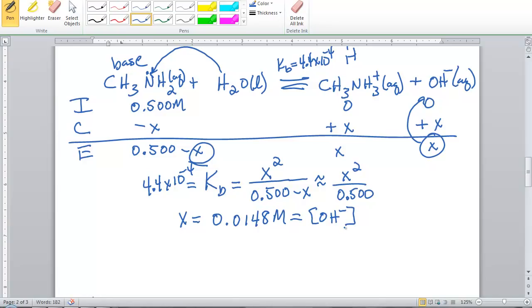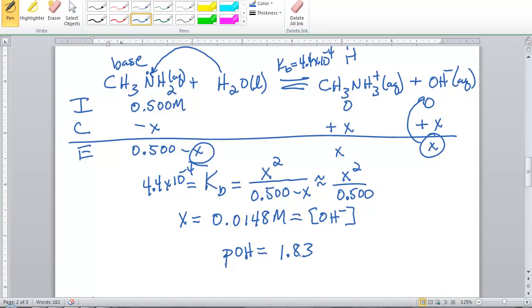All right. Now, a couple of ways to work it from here. You could plug into the Kw expression, plug in Kw, plug in hydroxide, solve for hydronium. I would try it both different ways just so you know how to do it. Probably the easier way, however, is to get pOH. Take the negative log of your hydroxide, and I come up with 1.83.